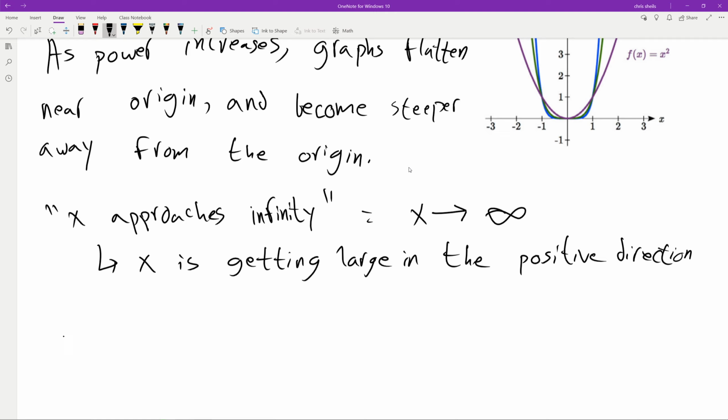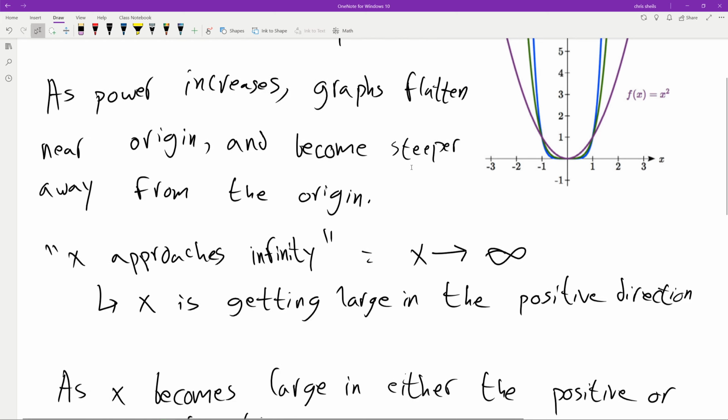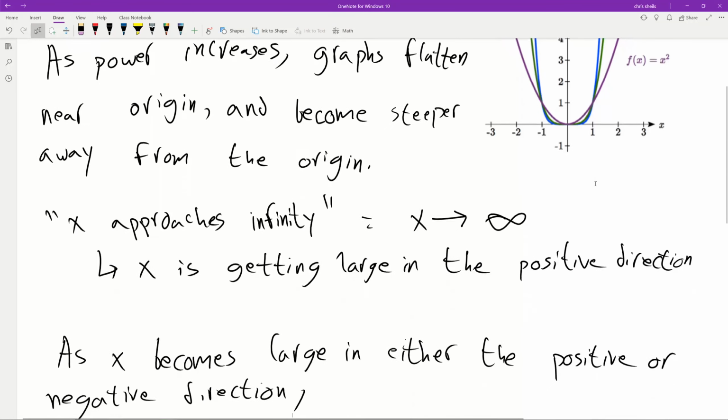For these even power functions, as x becomes large in either the positive or negative direction, the output values become very large positive numbers, right? These graphs are only going upwards as I go to the left and to the right.